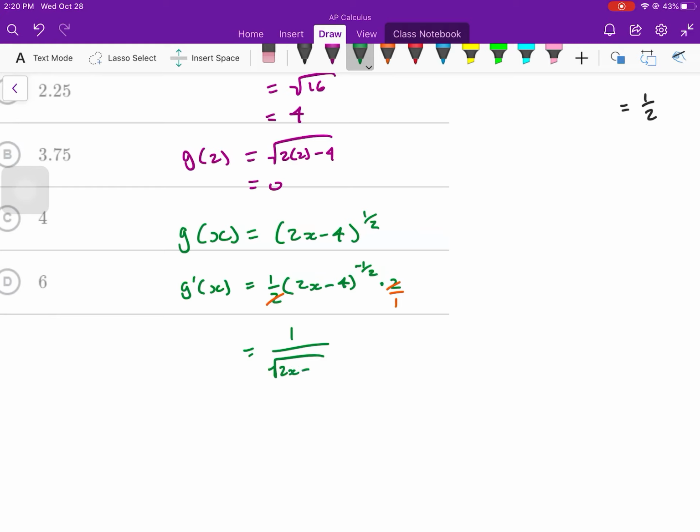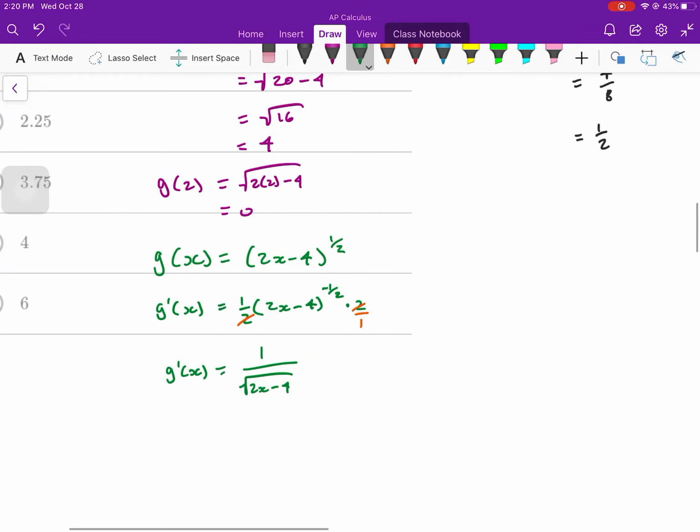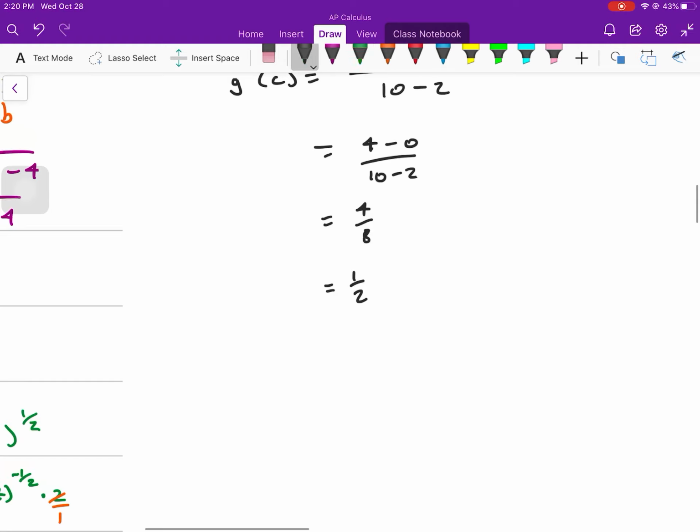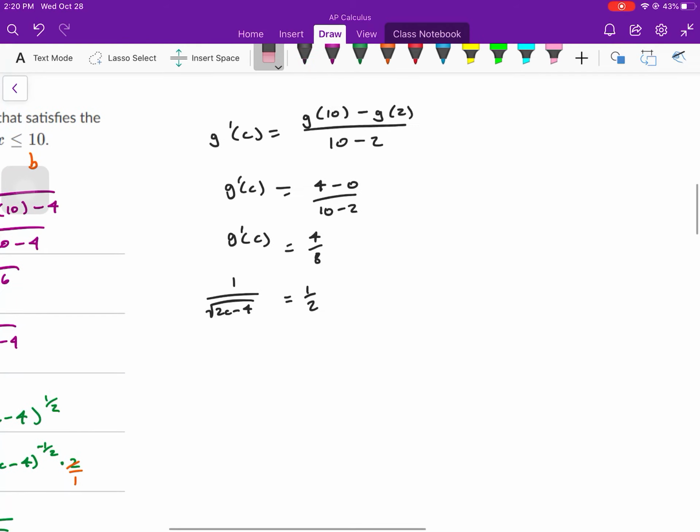So we'll just change that to the square root. So g prime of c, we just replace that x with the c. That's it.